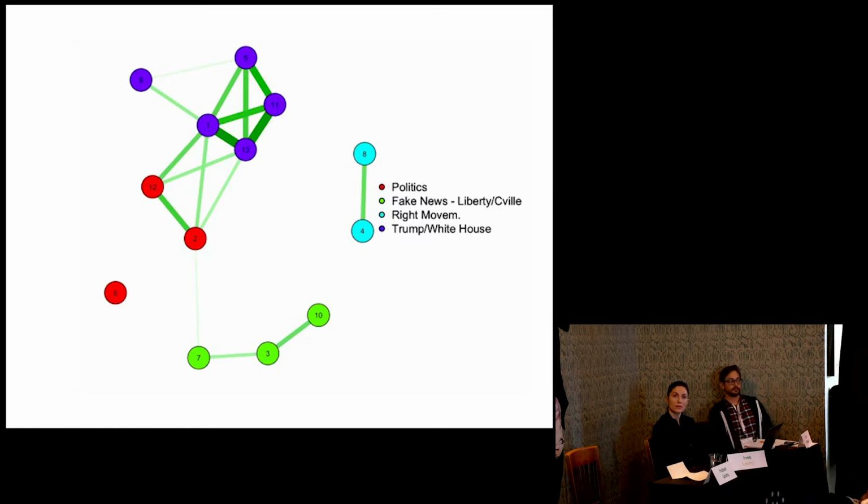So the clusters are changing together, and that's what we obtain.